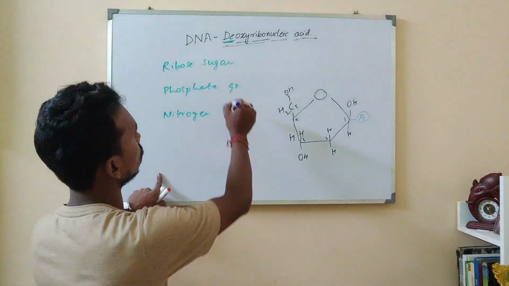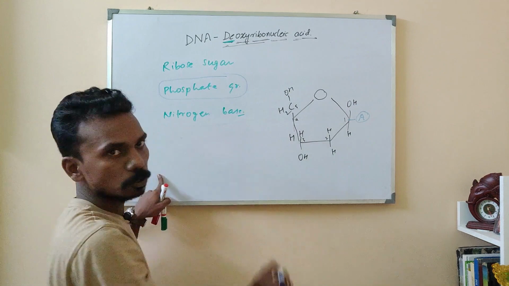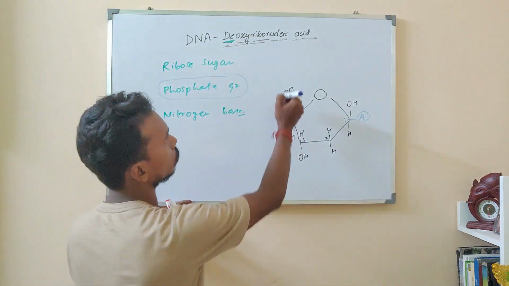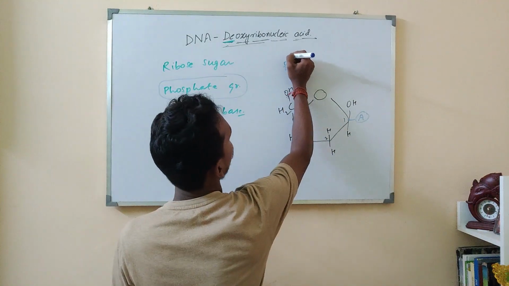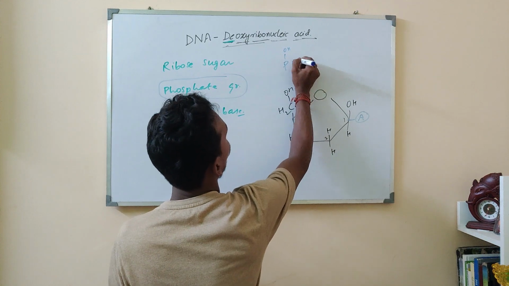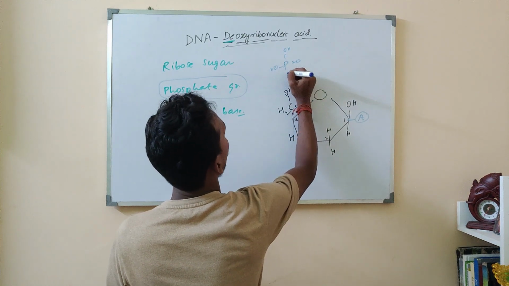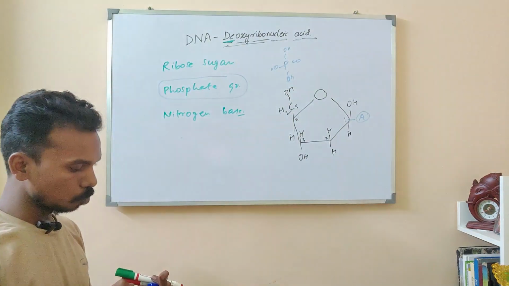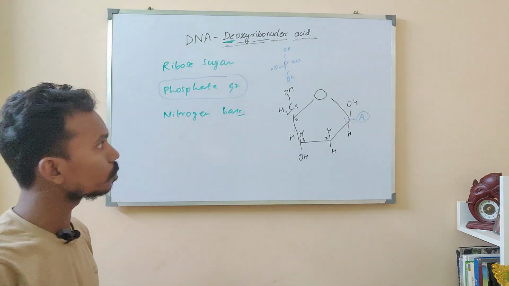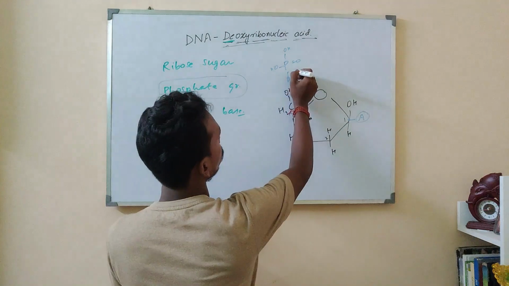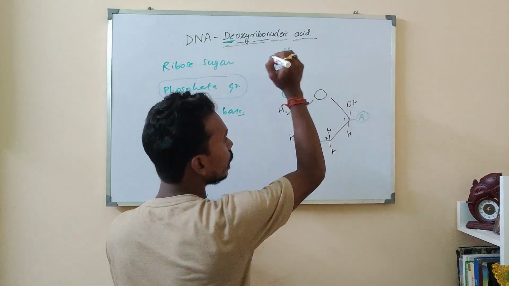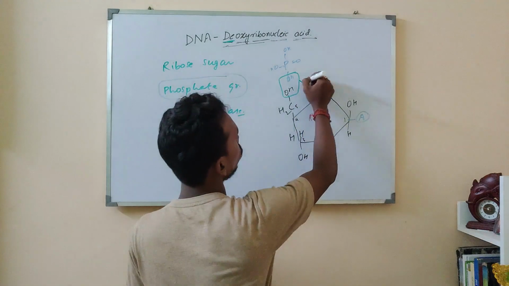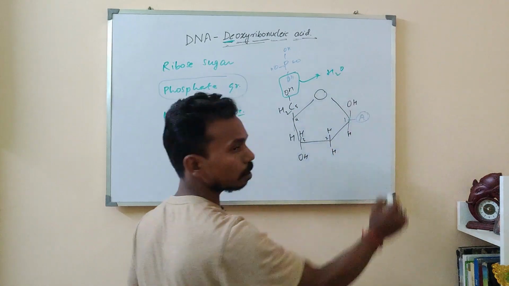And then the phosphate group must come together with this structure. The phosphate group comes like this: P, this is OH, double bond O, OH and OH here. Now see, these two hydroxyl groups are close together, and these two hydroxyl groups will condense now, and it will remove one water molecule.